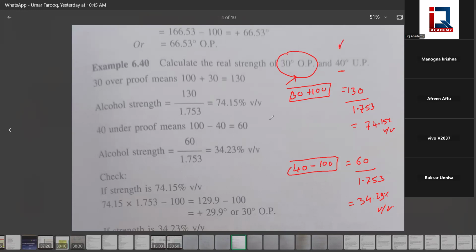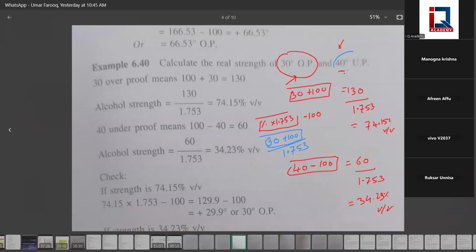How are we doing it? If percentage is given, the given percentage is multiplied by 1.753, then 100 is subtracted from the product. Whereas if they directly give you underproof or overproof, then if it is overproof, you will add that value to 100, and this is divided by 1.753.